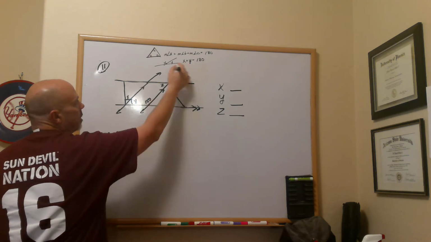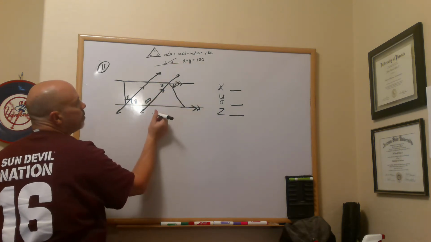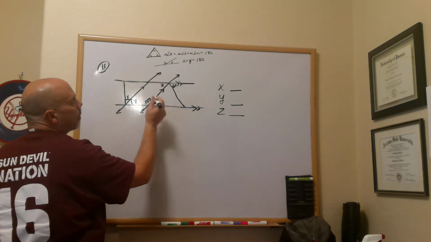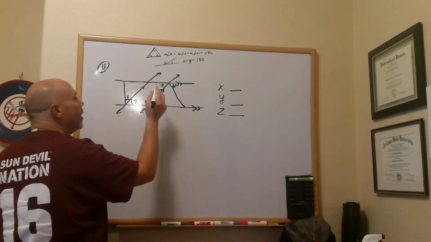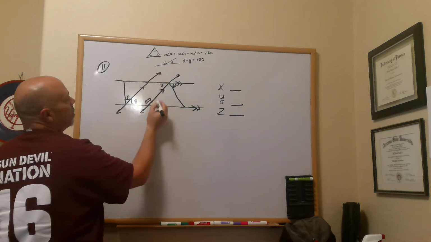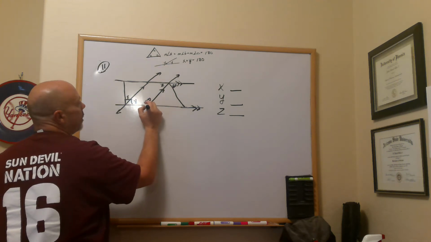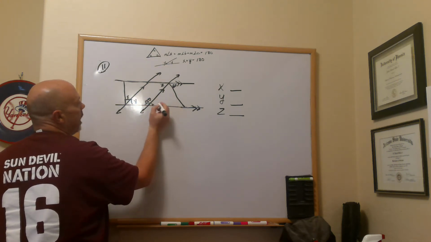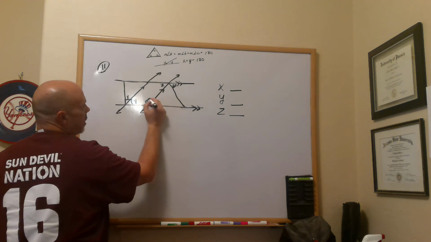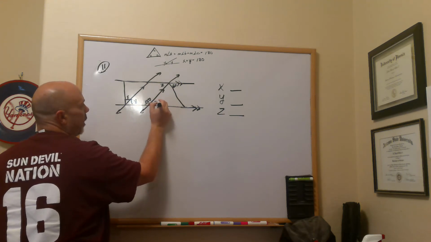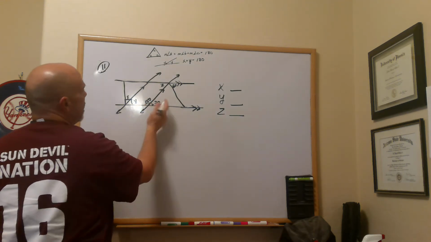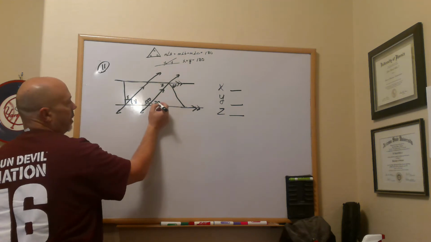So using the linear angles, I know that if this is 150, then all the way around here has to be 180. So I'm just going to subtract 150 from 180, and I get 30. So this side of that angle is going to be 30 degrees.